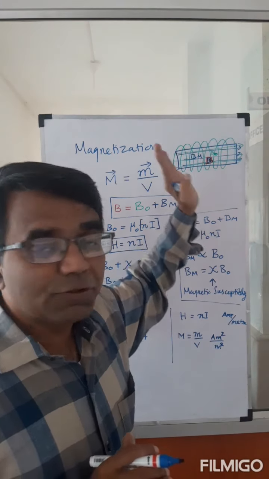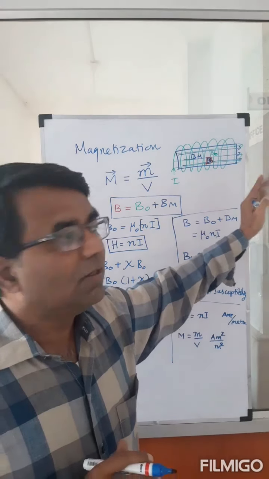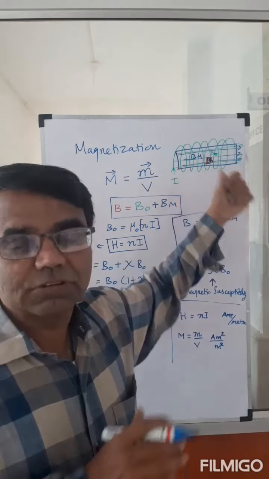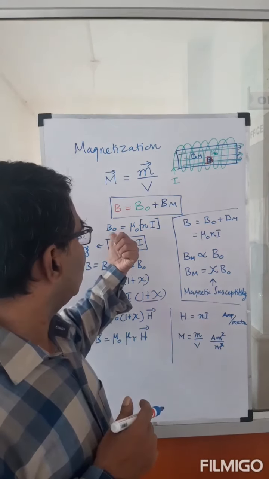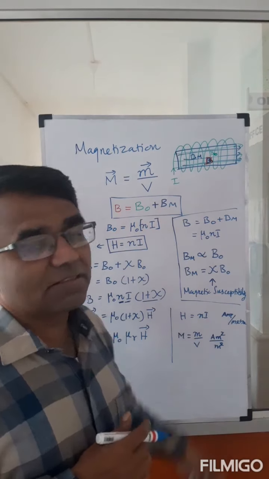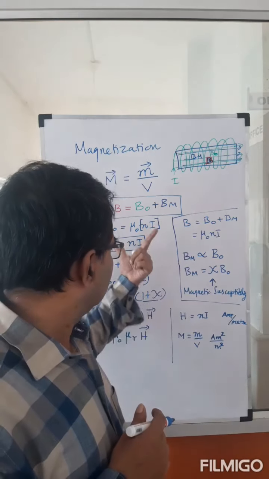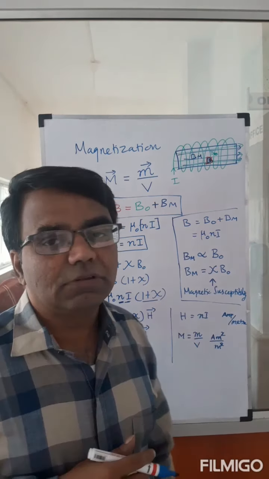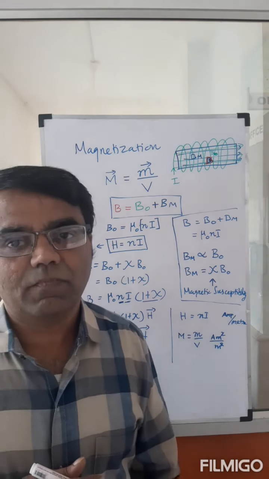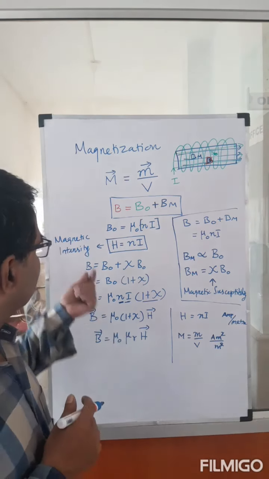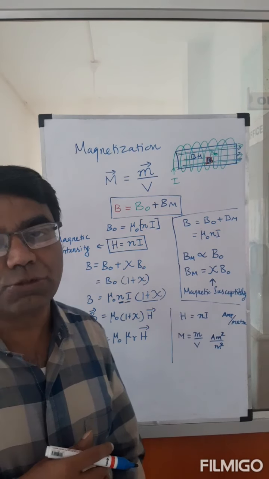This coil will produce a field. You are putting in a material, and that material will produce a field, and the net field will be the sum of these two fields. So then you get to this equation, and in that process you see the magnetic field intensity H is equal to N into I.